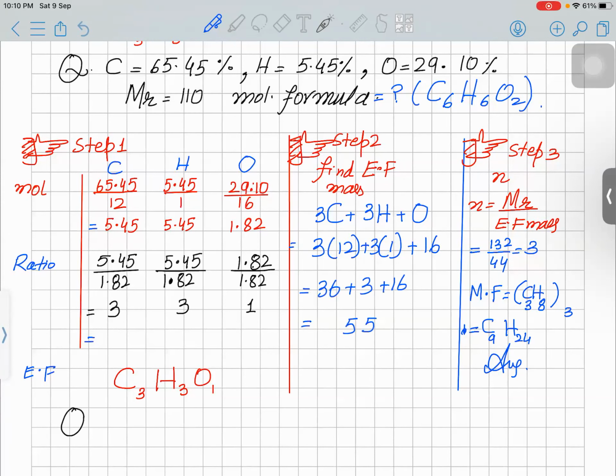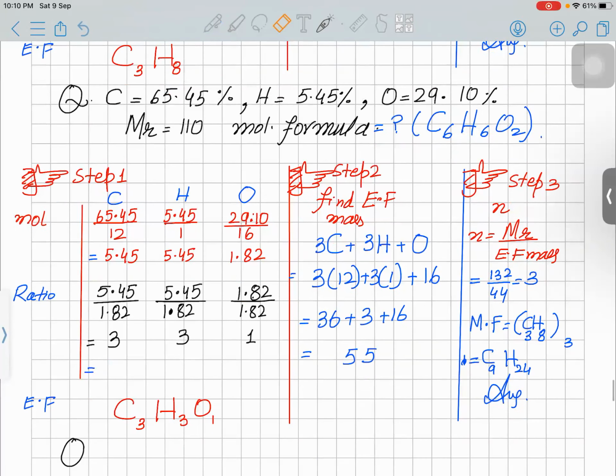Now MR is given, which is 110. 110 divided by 55, I think the answer is 2. So C3H3O multiplied by 2. So the answer is C6H6O2.